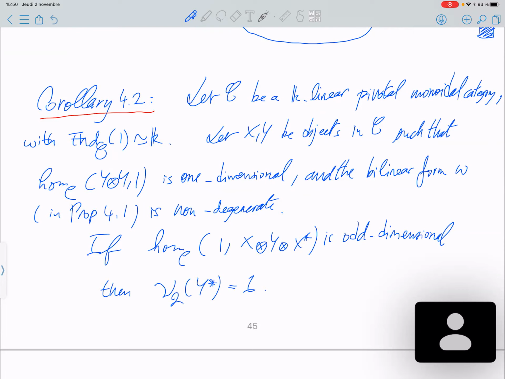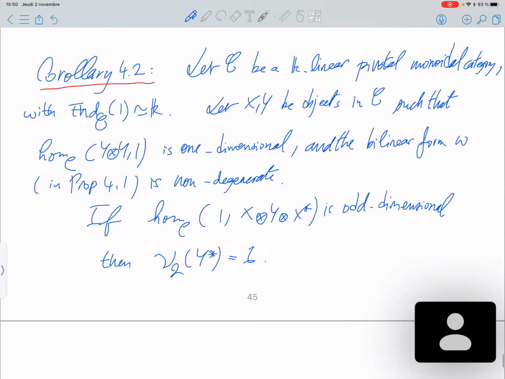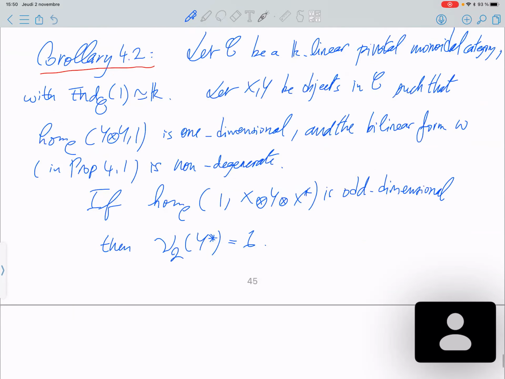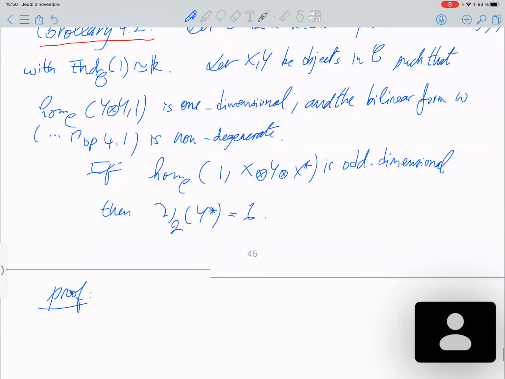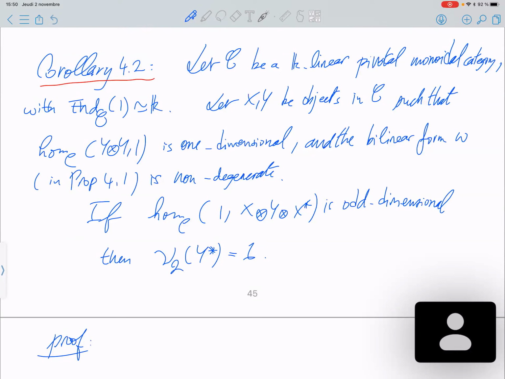So, proof. Here, in fact, this corollary doesn't assume the field to be of characteristic 0.